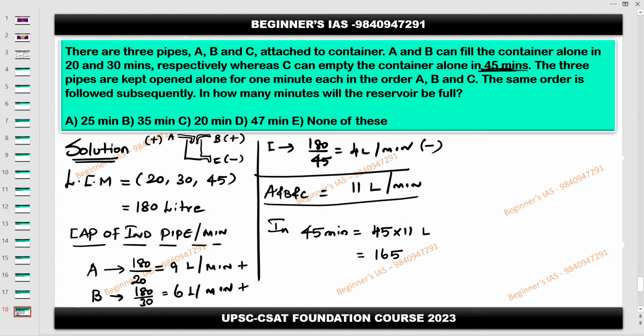Wait a minute, sorry, wait a minute. Here you need to be very careful. It is not the 45. In 45 minutes, you should not multiply 45 into 11. Here you need to be very careful. So what is the extra minute?